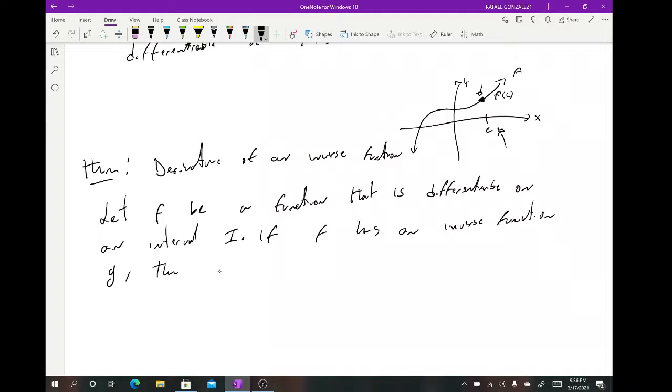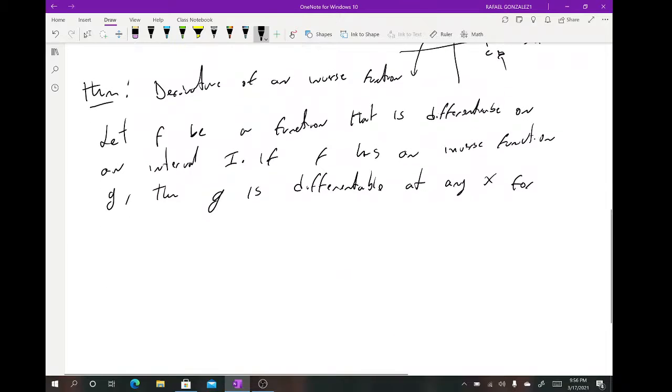then g is differentiable at any value of x for which the derivative of f evaluated at the inverse of f is not equal to 0.